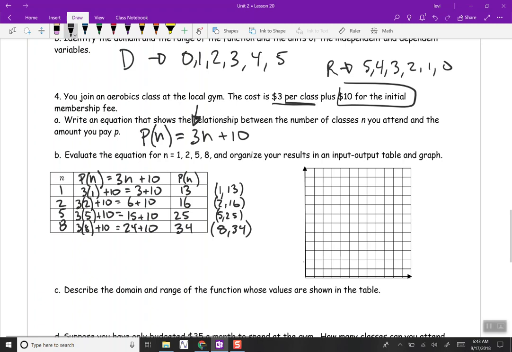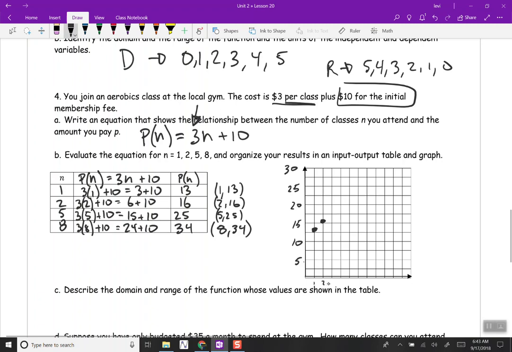So we need to go all the way up to 34 and all the way over to 8. So let's say each one of these is worth, like, I don't know, 5, 10, 15, 20, 25, 30. That's not going to work. Well, I guess I could go up to 34 up there. Okay, so that'll be fine. So (1, 13), 13 is probably going to be right about there. (2, 16), right in there. (5, 25).